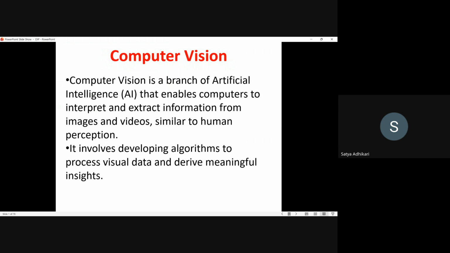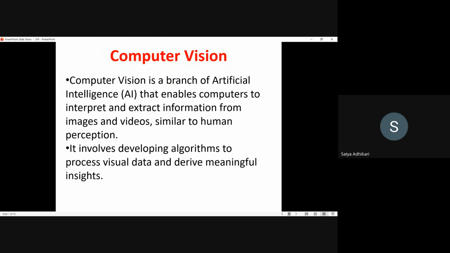Let us see the definition as usual. Computer vision is a branch of artificial intelligence that enables computers to interpret and extract information from images and video, similar to human perception. Like a human, how does a computer interpret and extract information from an image and from a video?